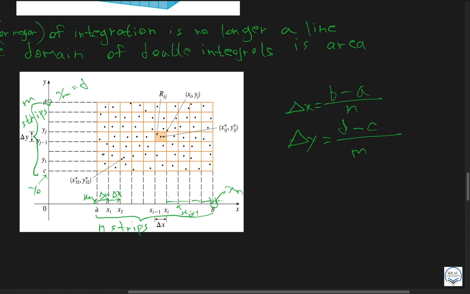And this way we can index the strip, index our rectangular region. Now for each of these random points in this diagram, we have to evaluate the value of the function f of x, y at each of these x, y coordinates.